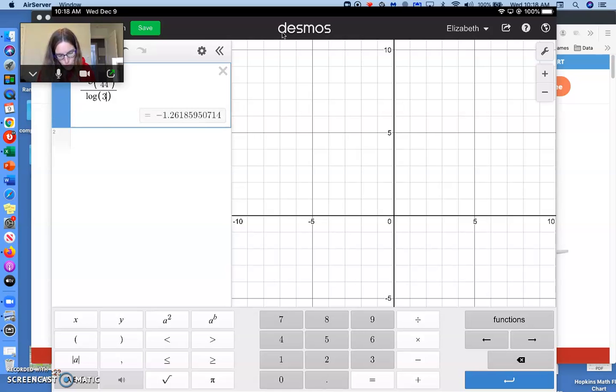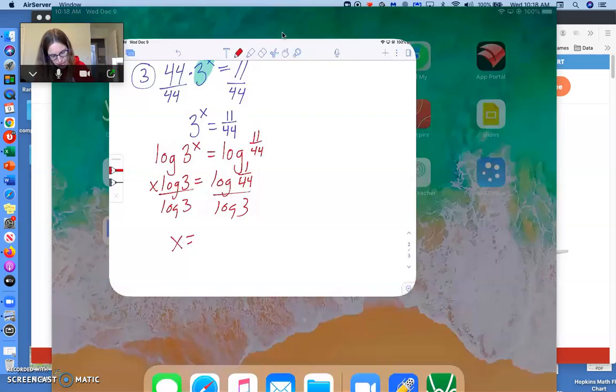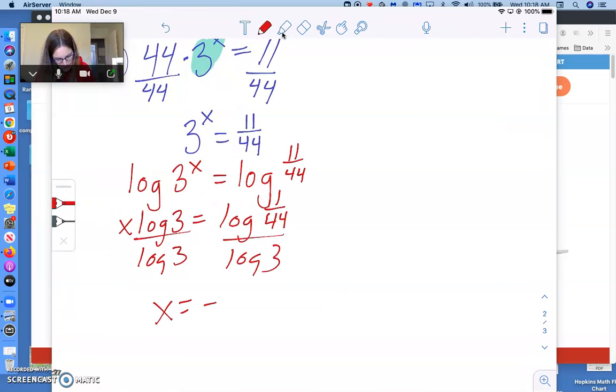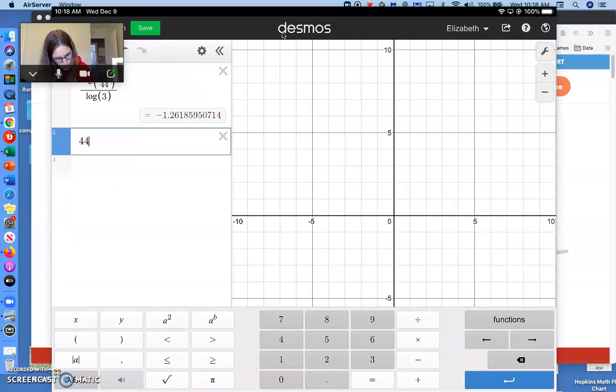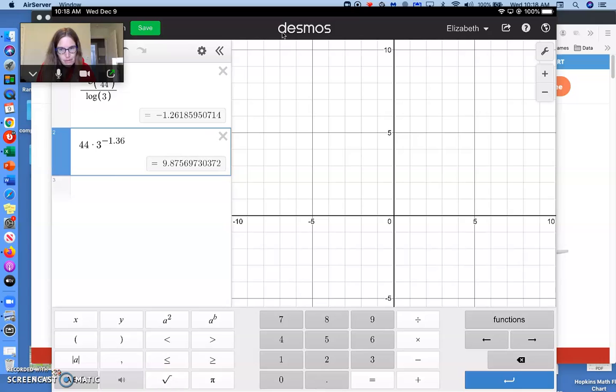So negative 1.26. And again, I can double check this by saying 44 times 3 to the power of negative 1.26, 9.87, and that is about 11. So we have the right answer there.